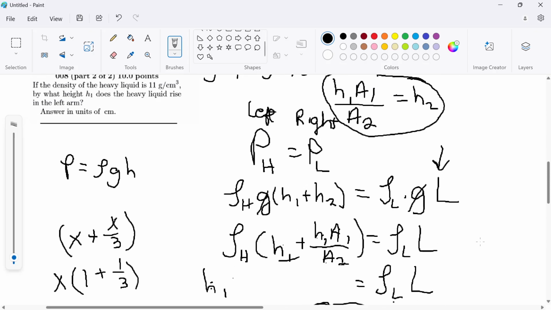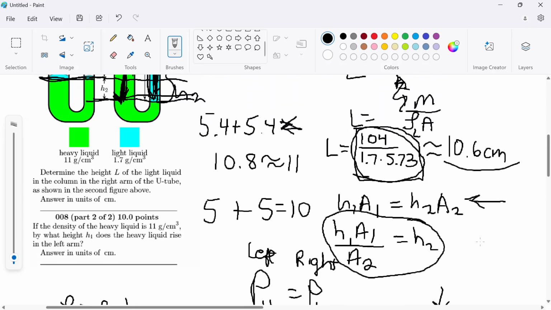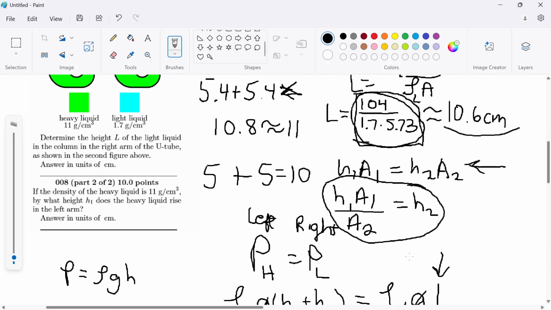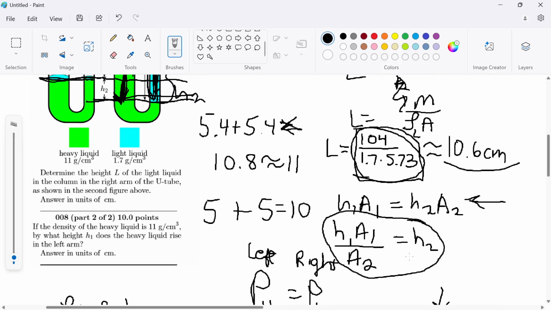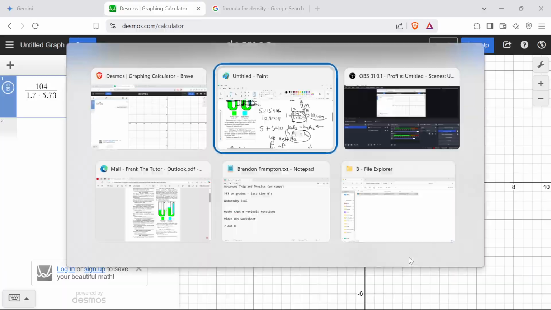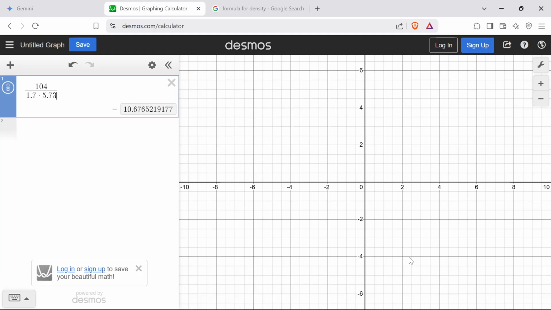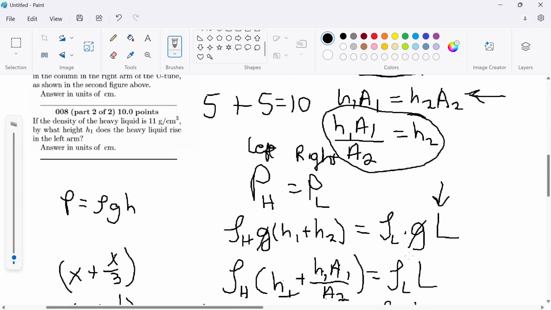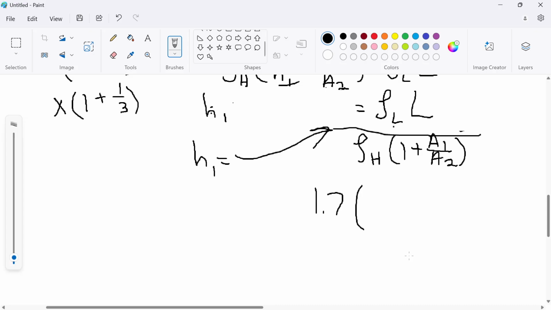So now I'll put the numbers in. Density of the light liquid, 1.7. L, again, if you want to round in the middle of a calculation, put 10.677, whatever. I'm going to put 104 divided by 1.7 times 5.73.